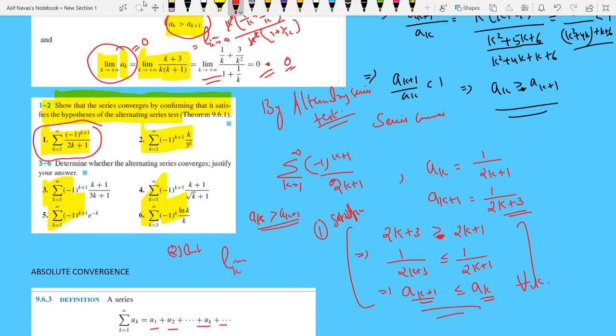Limit k tends to infinity ak, which is equal to limit k tends to infinity 1 by, what is ak? Ak is 1 by 2k plus 1. What is this limit?